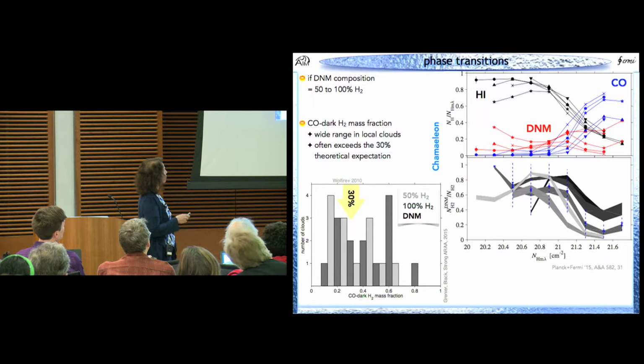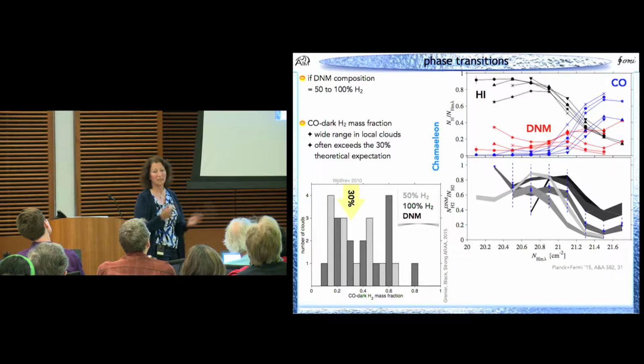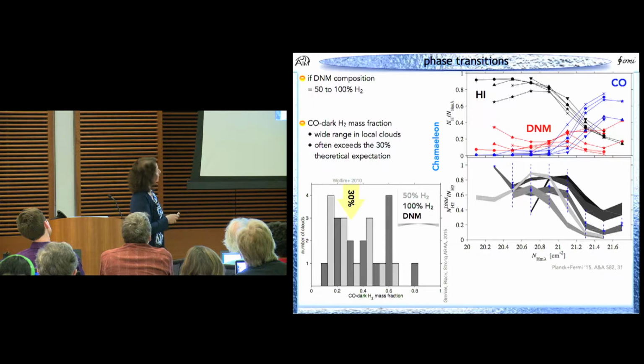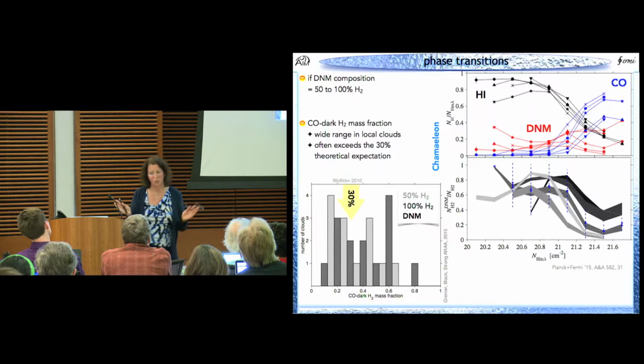What we have here is the histogram of total mass fractions of the clouds when you add the CO, the H1 and everything. And you see that Wolfire and collaborators predicted that that dark gas fraction should be in mass around 30%. Here, in fact, depending on the composition, the color coding being the composition of the DNM, you have a broad distribution.